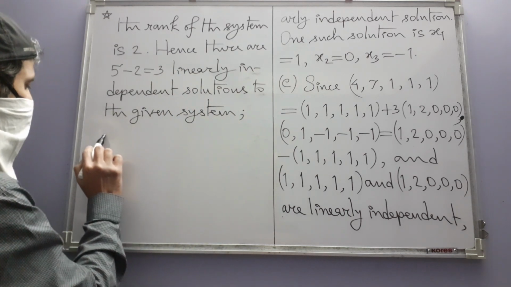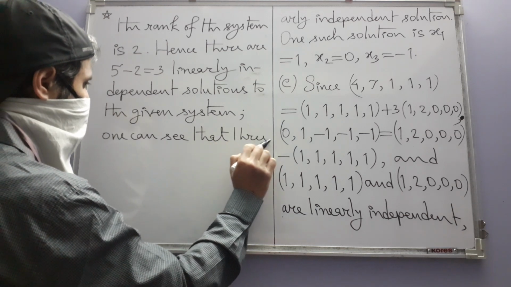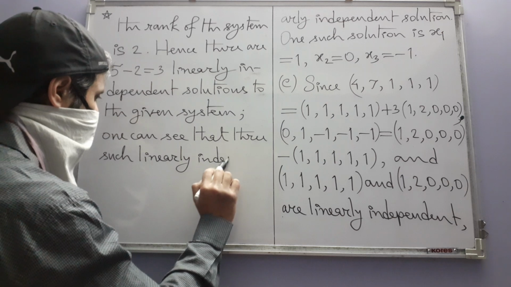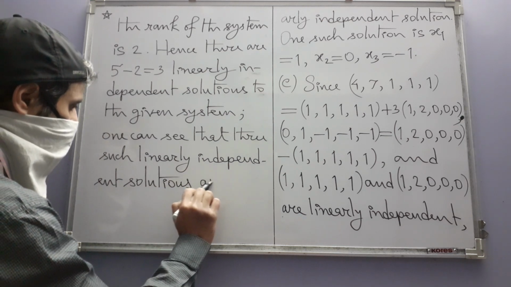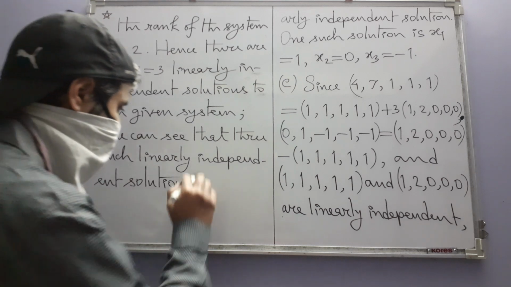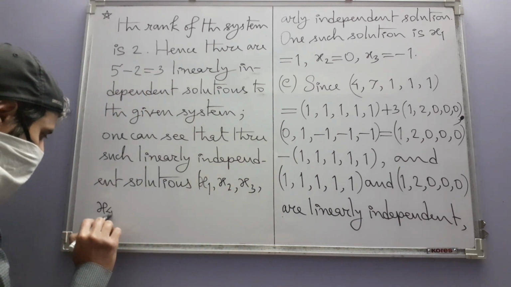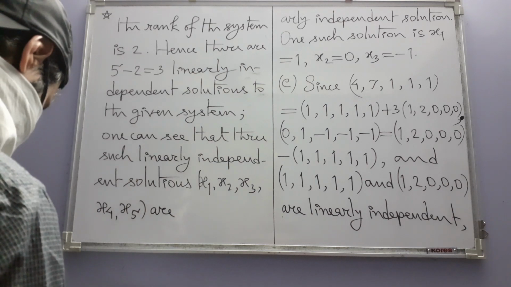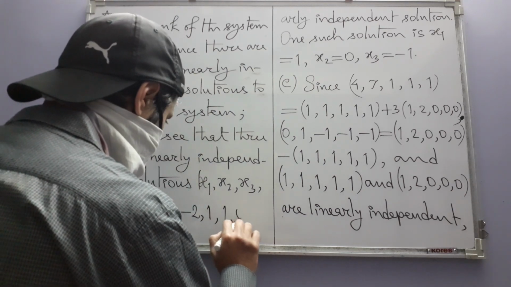And one can see that 3 such linearly independent solutions are this, or okay, if I write like this, then it will be easier to write. x1, x2, x3, x4, x5 are these, and minus 2, 1, 1, 0, 0.